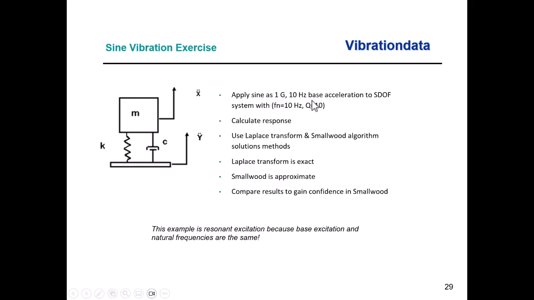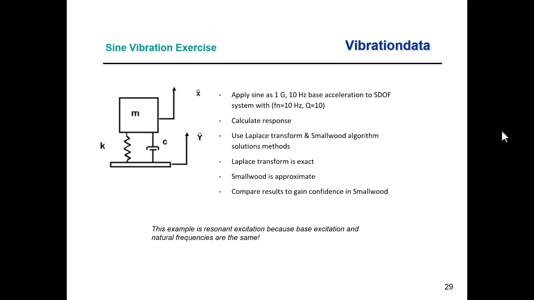It'll be 1g, 10 hertz, and the natural frequency of the system will be 10 hertz, Q is equal to 10. So we are purposely going to drive this into resonance. We're going to use both the Laplace, which is the exact, and the Smallwood, which is the approximate solution methods. And we're comparing the results of Laplace and Smallwood in the next couple slides to gain confidence in Smallwood.